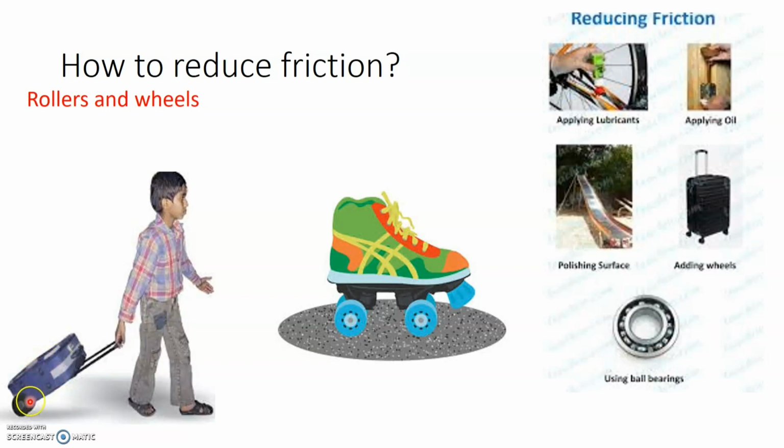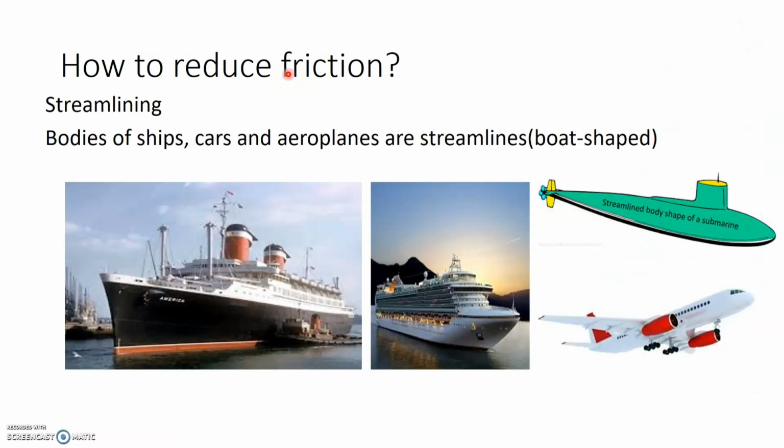The suitcase has wheels. We know that it is easier to roll the suitcase with its wheels on. Without wheels, it is difficult to move it, isn't it? So it is convenient to pull a suitcase fitted with wheels because wheels reduce friction. So using rollers and wheels is another way in which we can reduce friction.